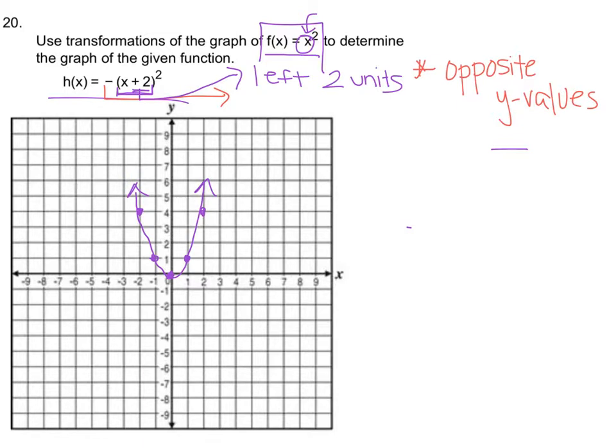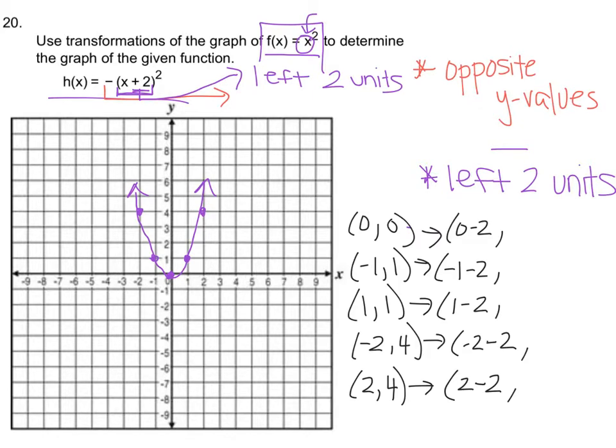That means that I'm going to have a horizontal movement of right or left, and since it's plus, you do the opposite, which is move left instead of right. So I'm going to move left 2 units, and moving left is going to affect my x values.